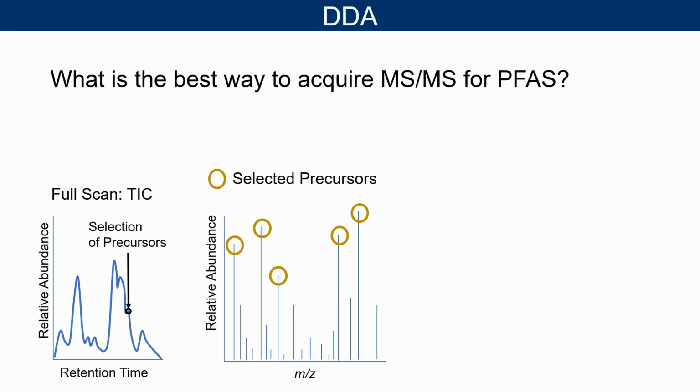Also, because we're isolating at a 1 Dalton window, we may have mixed spectra, and we'll talk about that. Mixed spectra are where two different molecules, either isomers, which have the same mass, are coming out at the same time as well.